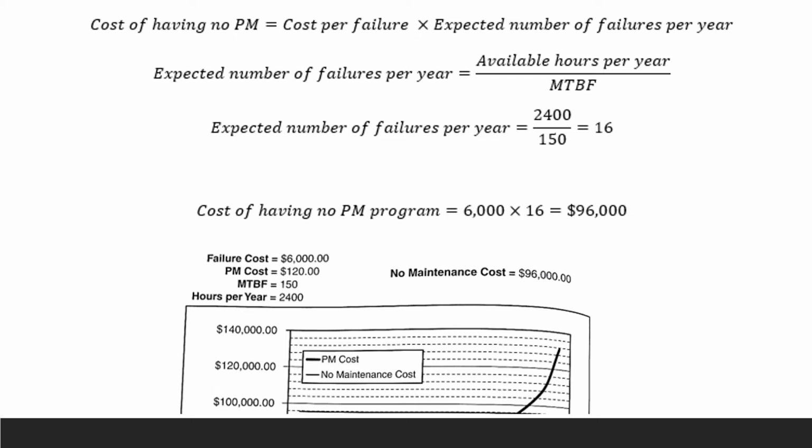You divide that, and you'll get 16 failures that can happen in this system without preventive maintenance. So one failure will cost you $6,000, times 16 failures in a year, and you get $96,000. That's what is here.